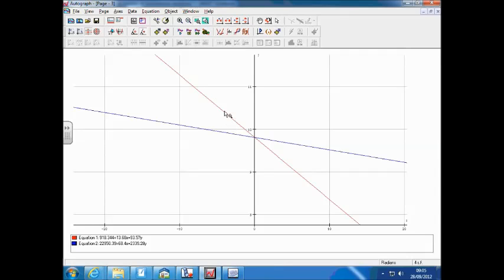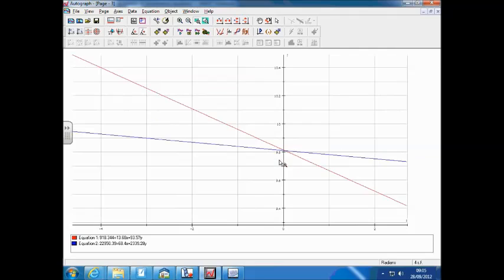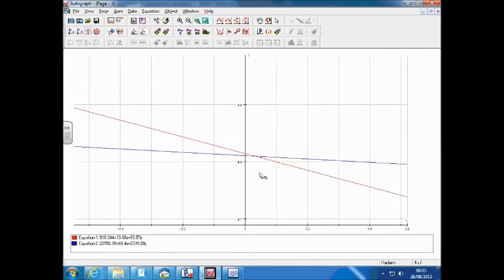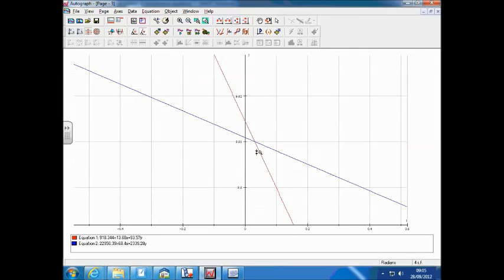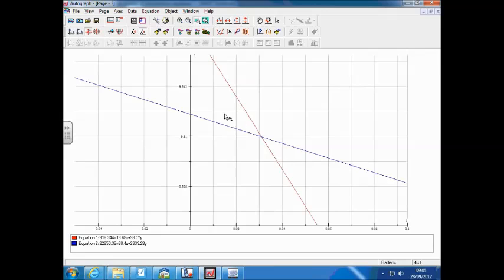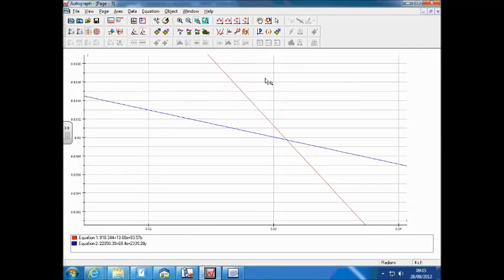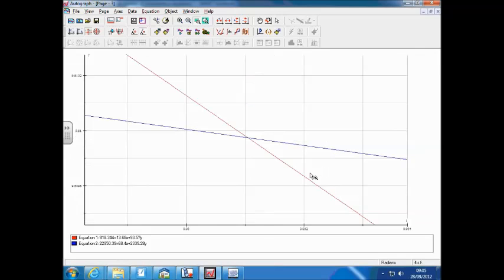So now we can zoom in on it. Zoom box in on this point here. Now we can start to see that it's all happening around this point here. So again, we could do with zooming in maybe on the y-axis to separate out these points, and then zoom in again. So it's using the buttons on Autograph to zoom in on the values.